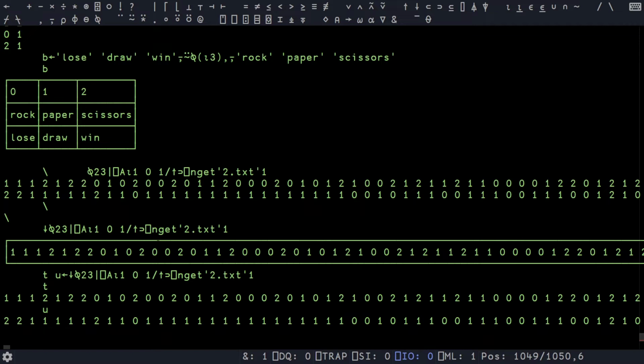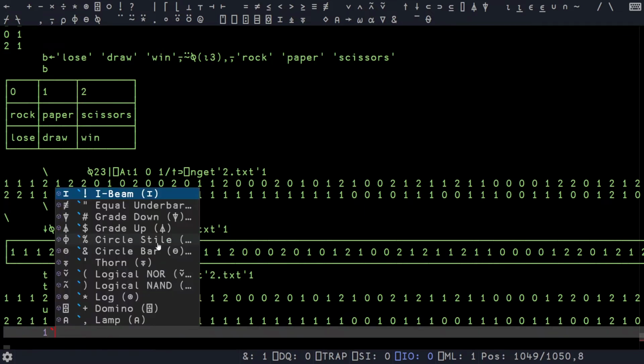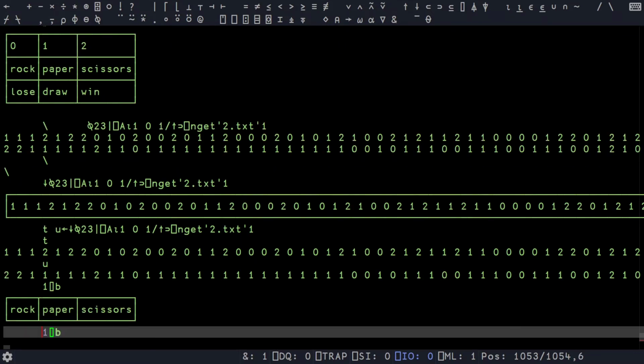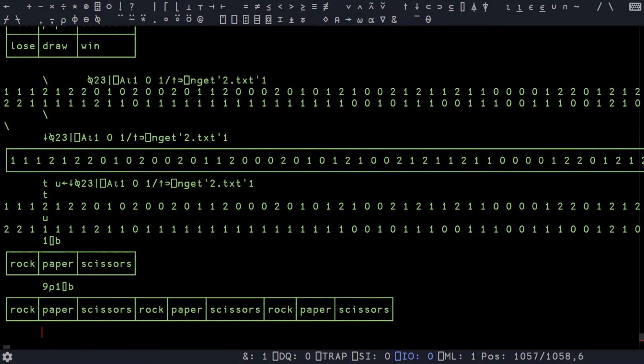Okay. Now, how do we actually evaluate whether we win a game or not? So let's see. Let's take the second row of B, and then I'll extend it.